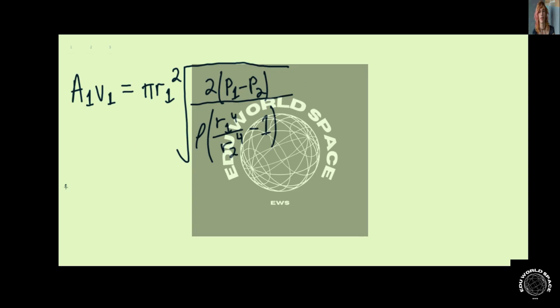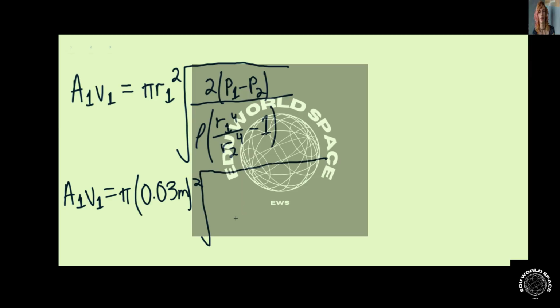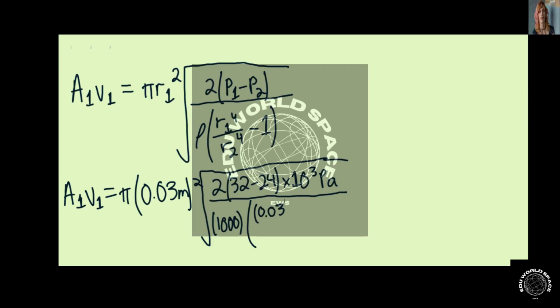So A sub 1 V sub 1 would be equal to pi times 0.03 meters squared, times the square root of 2 times 32 minus 24 times 10 to the third pascals, divided by the density, 1,000 kilograms per cubic meter, times 0.03 to the fourth divided by 0.0225 to the fourth, and again minus 1.